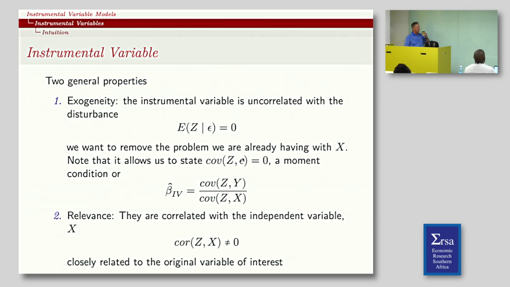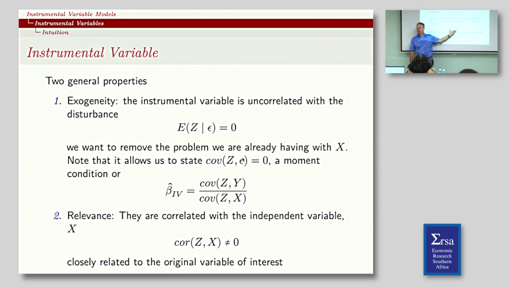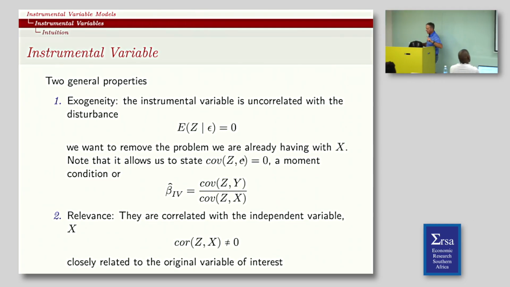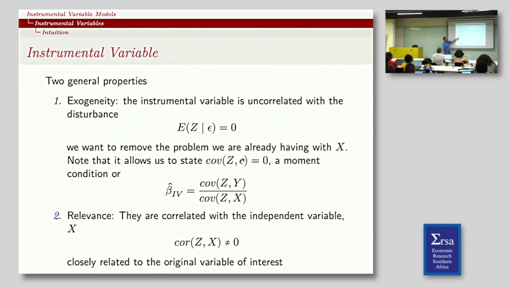That's the picture version of it. And of course, for this to work, it becomes very obvious when you write it in the IV estimation form. If this covariance is 0, we can't take that division. Okay, so we have to have relevance. So we have two assumptions when it comes to IV. One is the exclusion restriction, exogeneity.